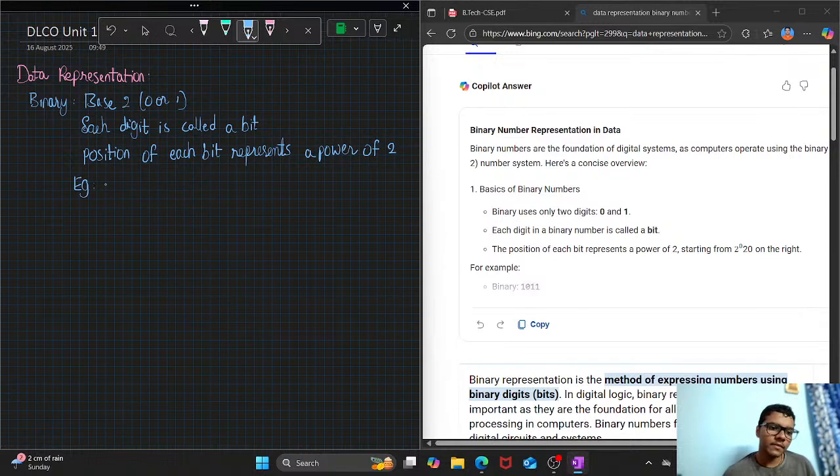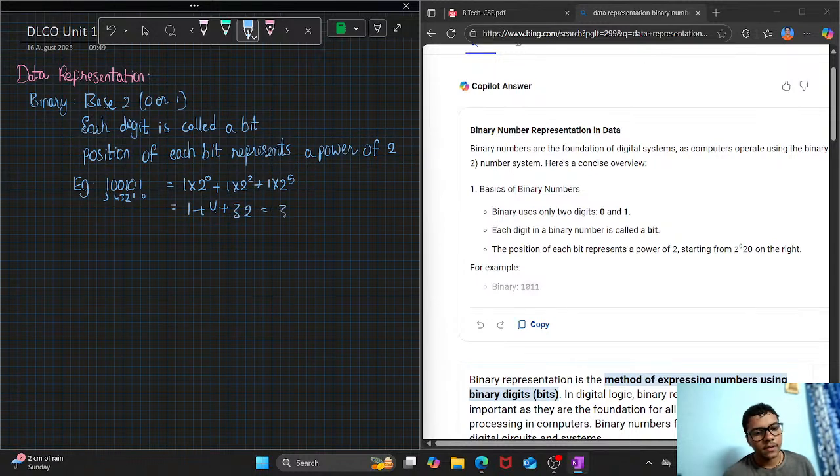Let's look at an example: 1000101. That is 1 into 2 power 0, plus 0 into 2 power 1, plus 1 into 2 power 2, plus, counting 0, 1, 2, 3, 4, 5, 1 into 2 power 5. It is 1 plus 4 plus, and this is what? 2 cube is 8, 2 power 4 is 16, 2 power 5 is 32.